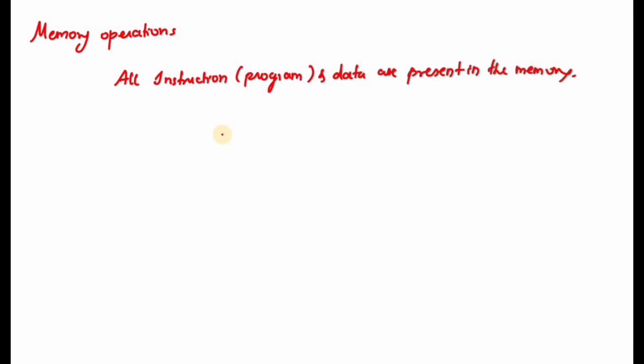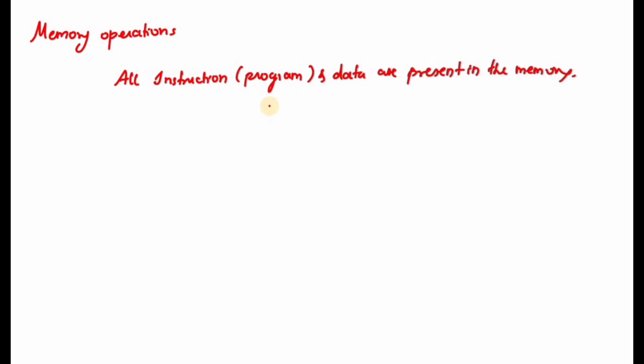In order to execute that instruction, the control unit in the processor must cause the word containing the instruction to be transferred from the memory to the processor. So whatever the data or instruction in the memory has to come to the processor.